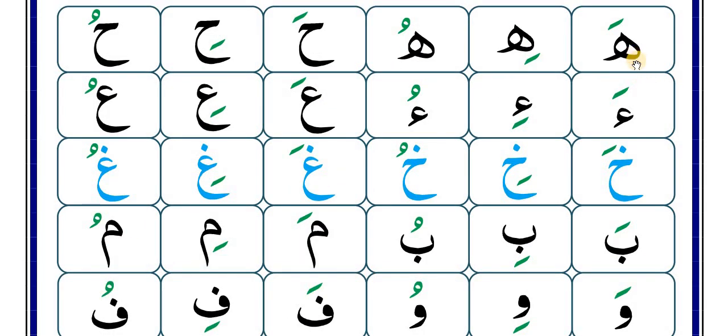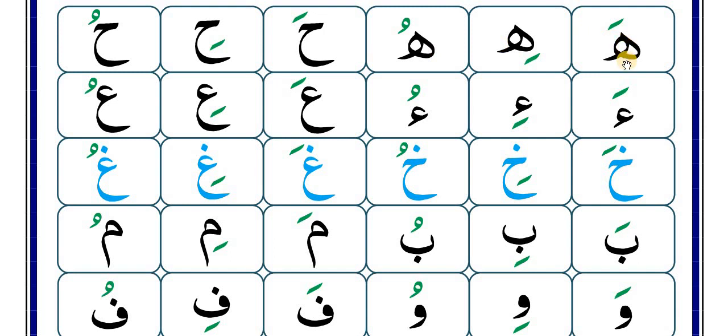Next is ha. This ha is pronounced from the bottom part of the throat, deeply. This other ha is pronounced from the middle part of your throat. Some people pronounce both letters with the same sound. That's not the correct way of reading these letters. Make a difference.